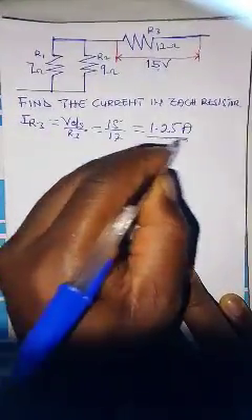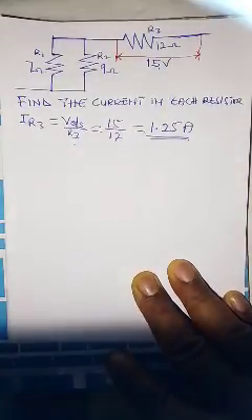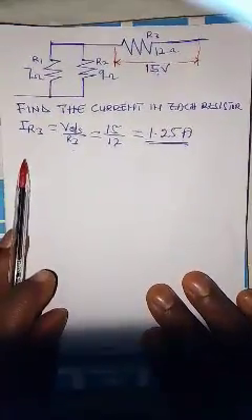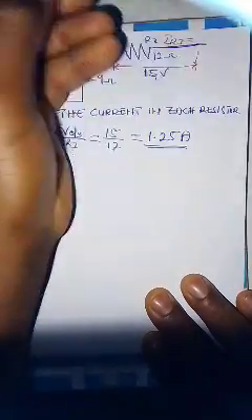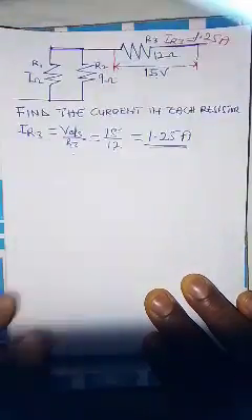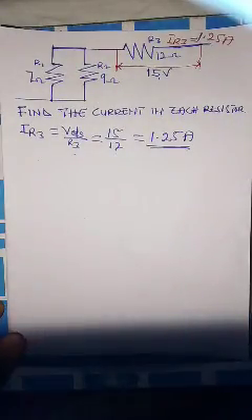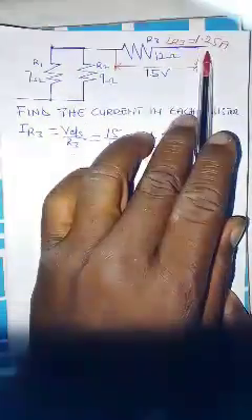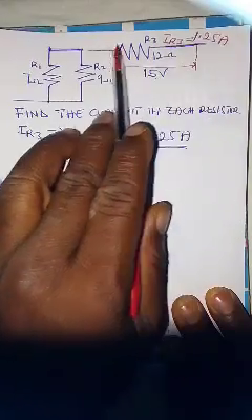So now this will be the current. Current in R3 is equal to 1.25 amps.